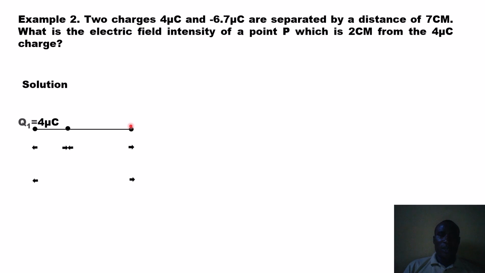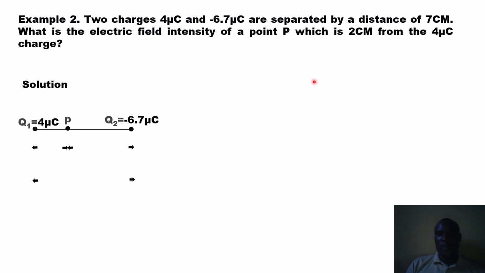So this charge is 4 microcoulomb, while this point is the point P, which is this one. And the distance between the first charge and the second charge is what? It is 7 centimeters. But between the first and second charge, we have a point P, and that point P is what?